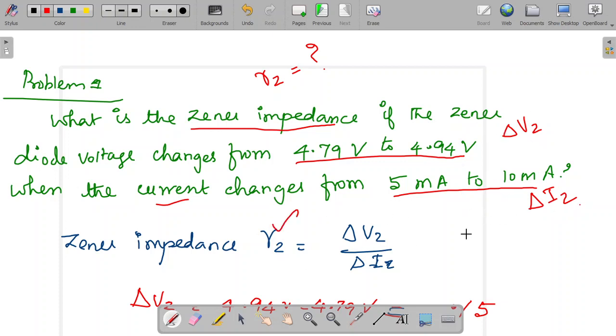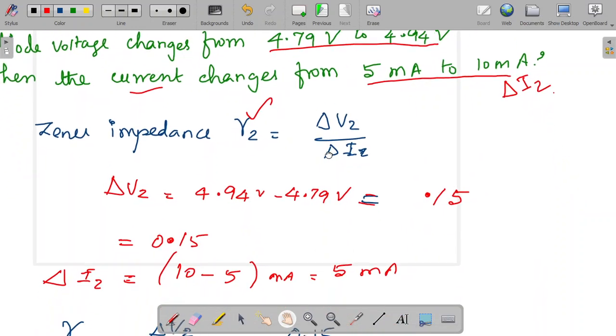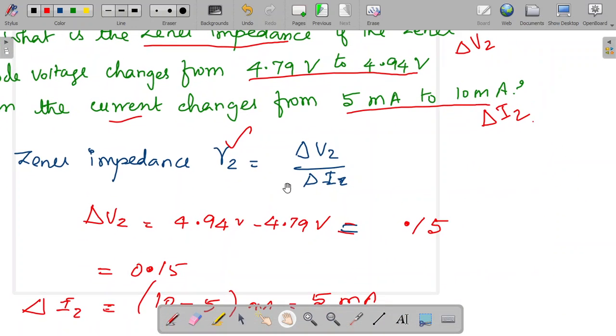So what is del VZ? You can calculate it like this. It is 4.94 volts minus 4.79 volts, because it is the change, that is maximum minus minimum. Maximum voltage minus the minimum voltage of this change.